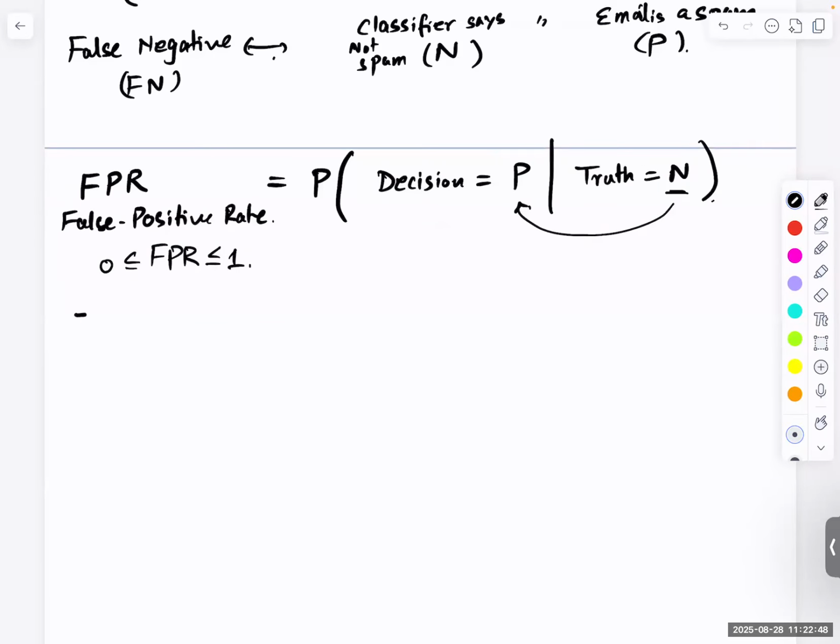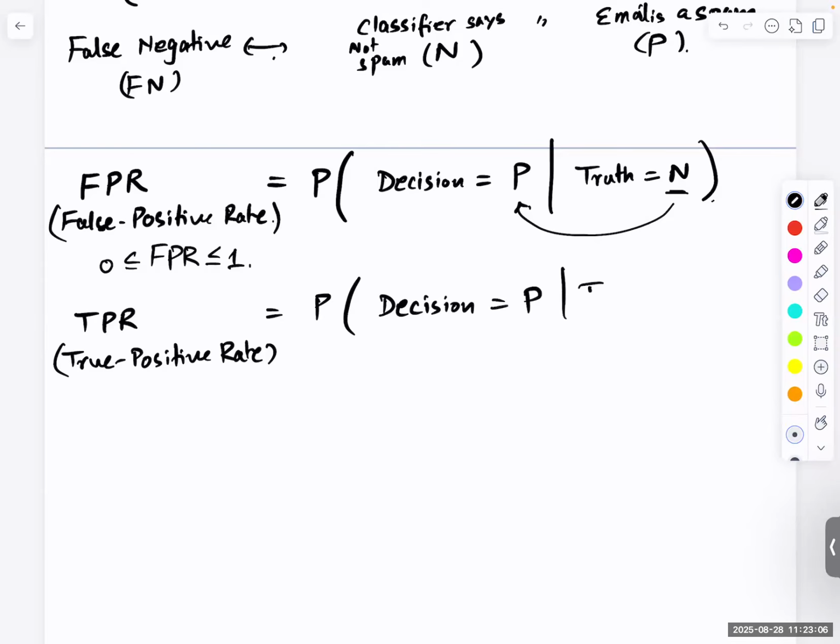Similarly, we can define true positive rate, TPR. TPR is defined as the probability that the decision is P given that the truth is P. If you think about it intuitively, what would a good classifier possess?